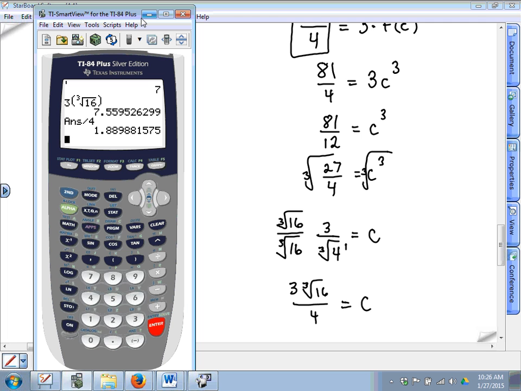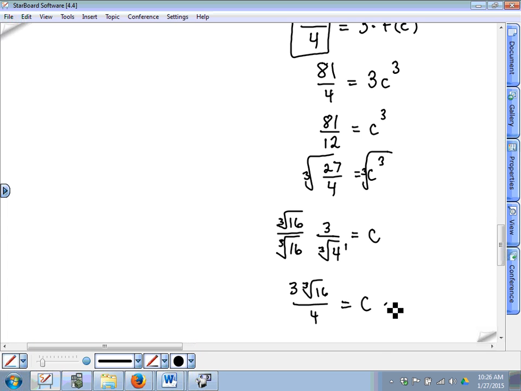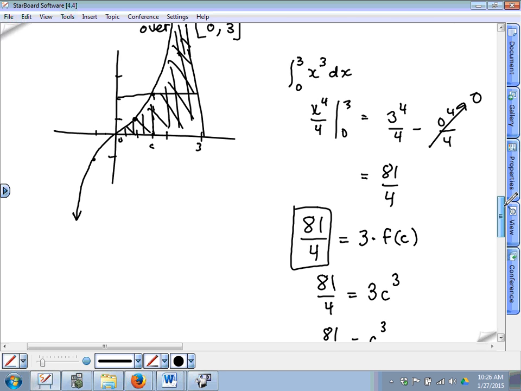Did you do that on a calculator, or did you just guess? It's approximately 1.89. That's how the mean value theorem is applied.